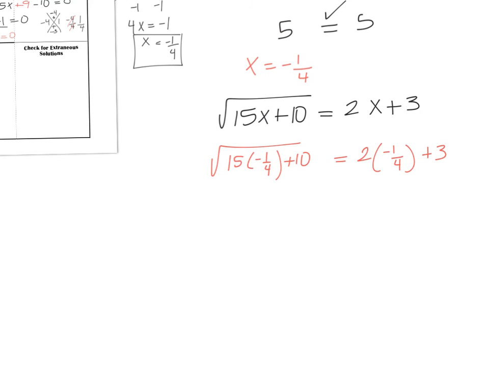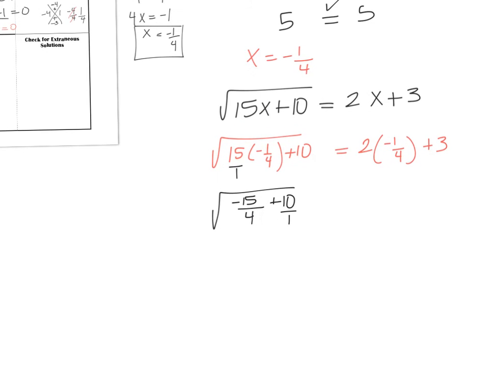Now 15 times -1/4, it's like 15 over 1, multiplying fractions. You multiply the top together, you get -15, and you multiply the bottom of the fraction together, you get a 4. Now plus 10. Okay, I'm going to do the left side first.